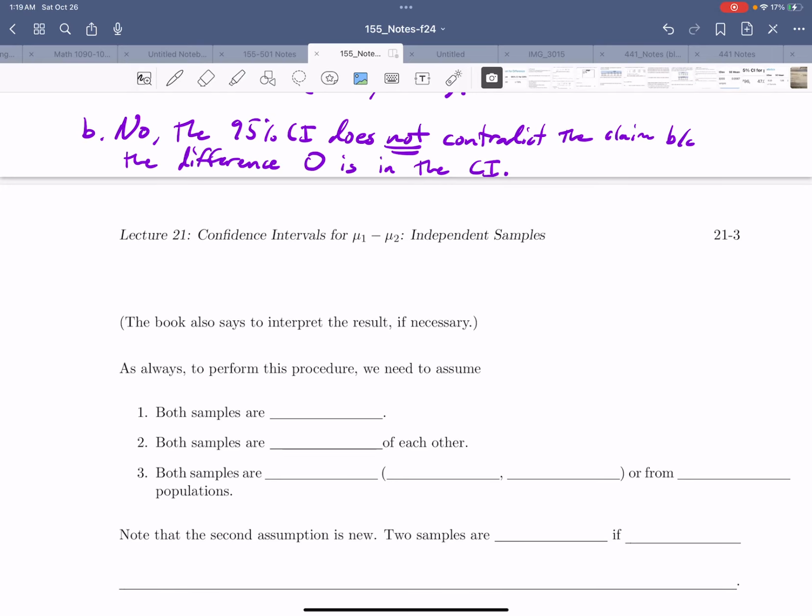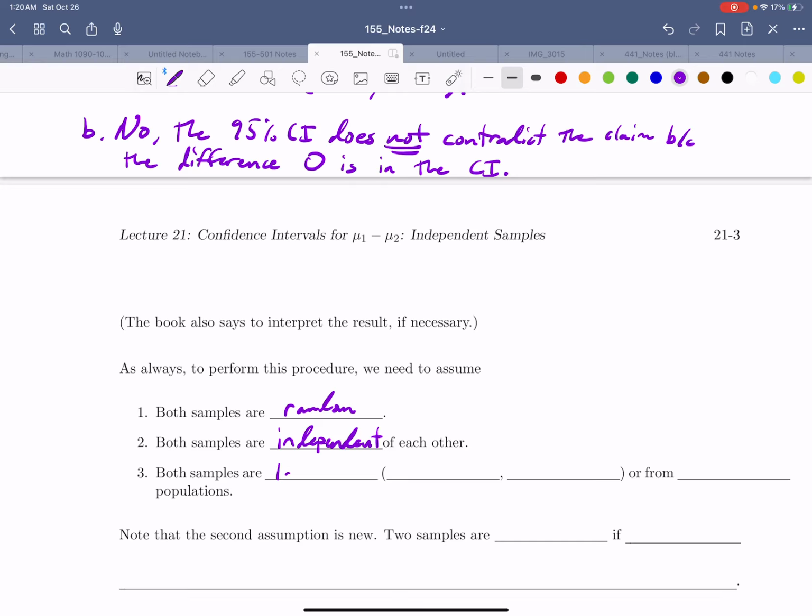Now, anyway, when we're creating these confidence intervals, we need to assume a couple of things. Both samples are random. We always need to do that. Both samples are independent of each other.